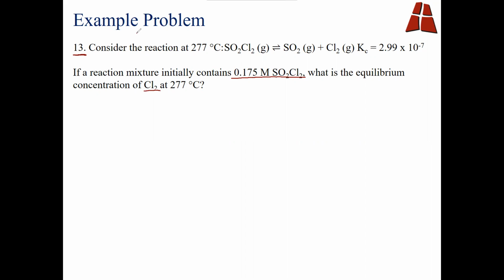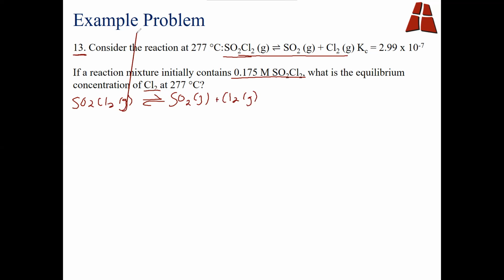Okay, so the first step for solving a problem like this is going to be similar to basically all of our equilibrium problems, where I would recommend rewriting your chemical equation and then also writing any sort of equilibrium expression. Okay. So if I do that, we have SO2Cl2 gas dissociating into SO2 gas and Cl2, which is also a gas.